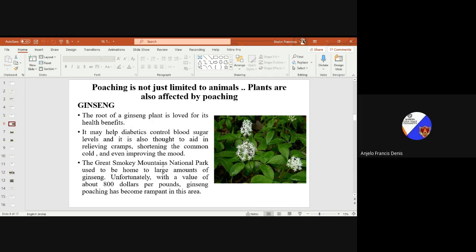It is very amazing to know that poaching is not limited to animals, but plants are also affected by poaching. There is a plant called ginseng. The root of the ginseng plant is loved for its health benefits.